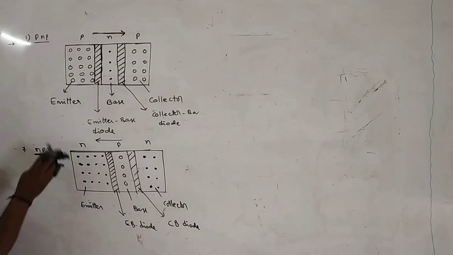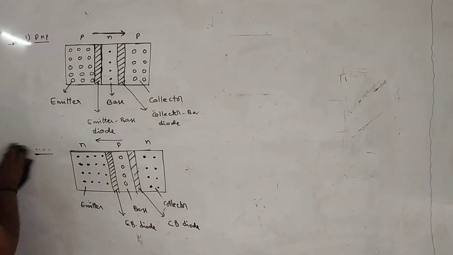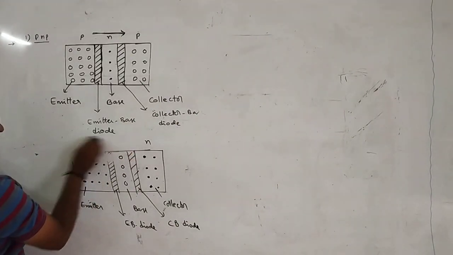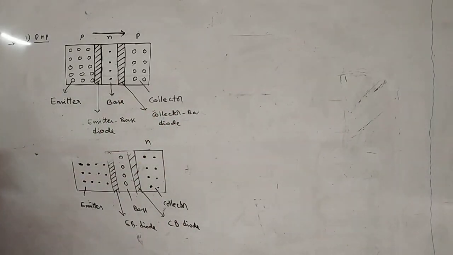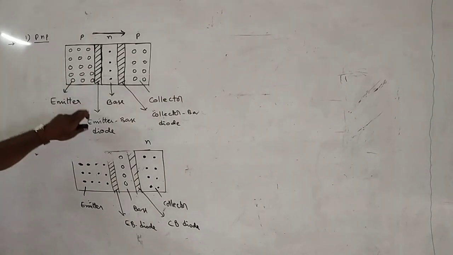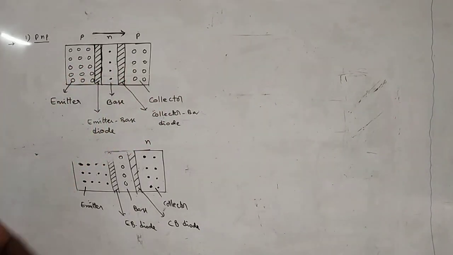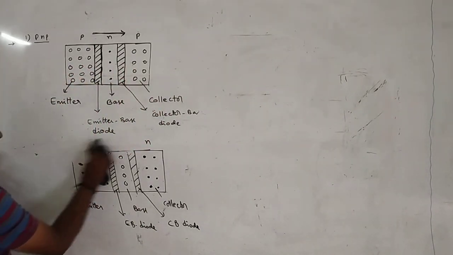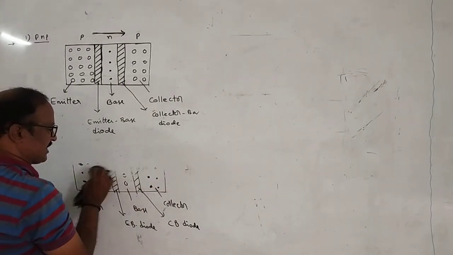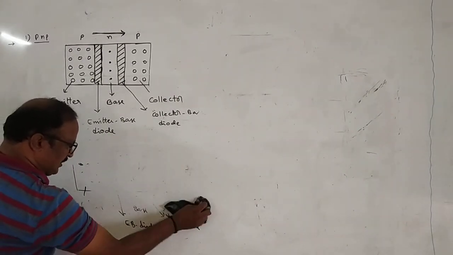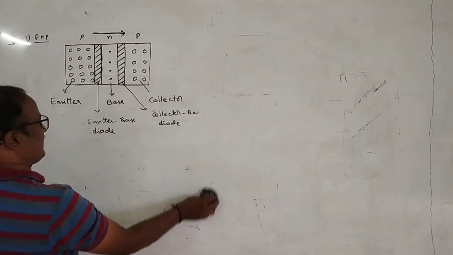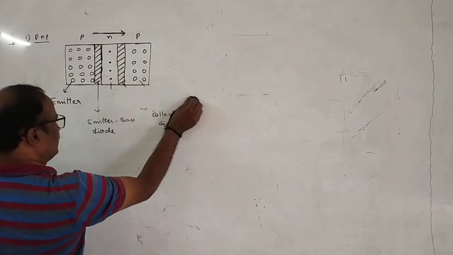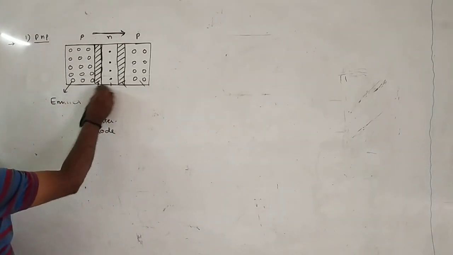In any transistor there are two junctions: one is the emitter-base junction, the second is the collector-base junction. In some textbooks they are simply called the emitter diode and the collector diode. For any transistor to work, the emitter diode must be in forward bias and the collector diode must be in reverse bias.